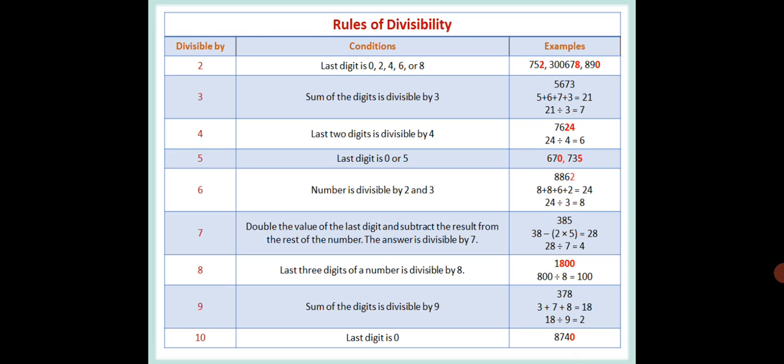Then how do we come to know the number is divisible by 3, 4, 5, 6, etc.? Through this divisibility rule, we can gather information whether the number is divisible by 2, 3, 4, 6, 7, 8, 9, whatever it may be, if and only if a certain condition follows.